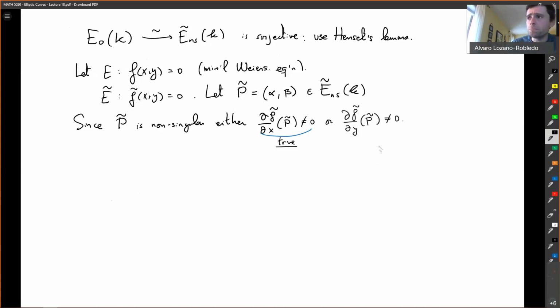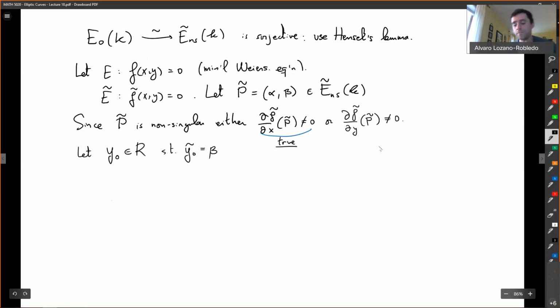let y naught be just any lift of beta, a coordinate in R with its reduction being beta modulo m. Okay. Then what happens?